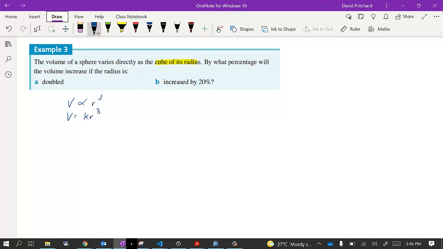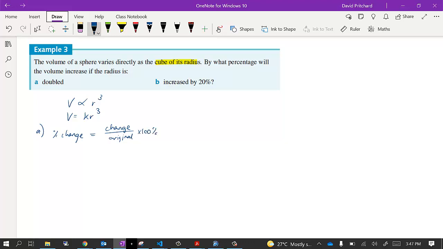Now, this is the type of scenario where they're not giving us information to determine an exact value, but we're looking at a percentage change. So percentage change is basically going to be the change over the original times by 100%.